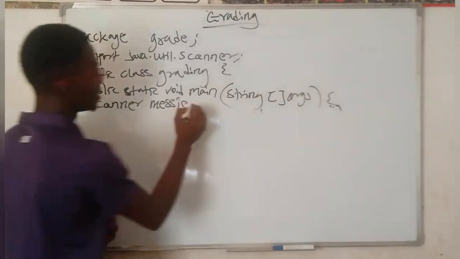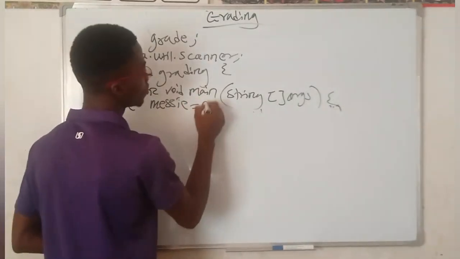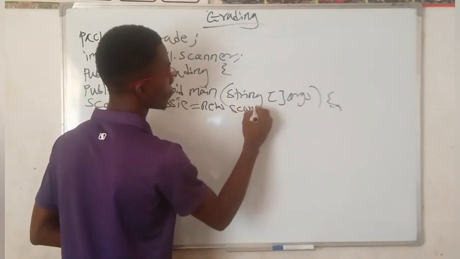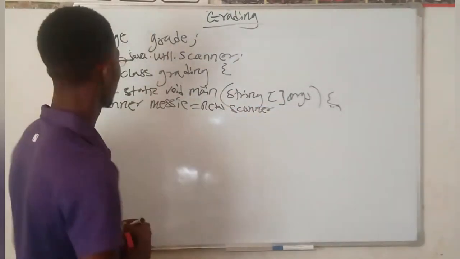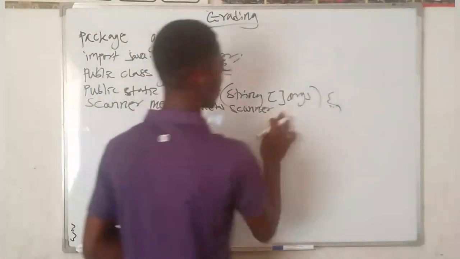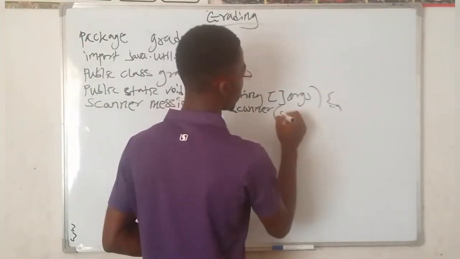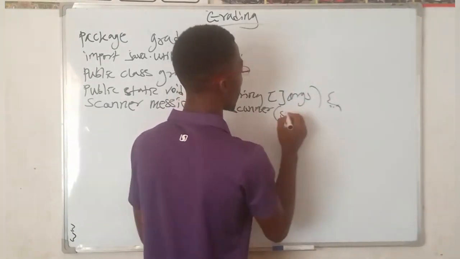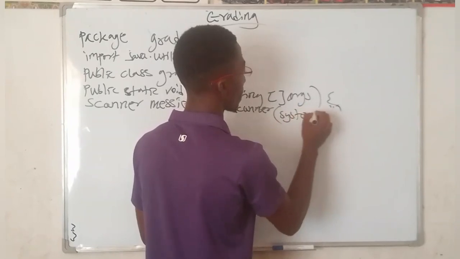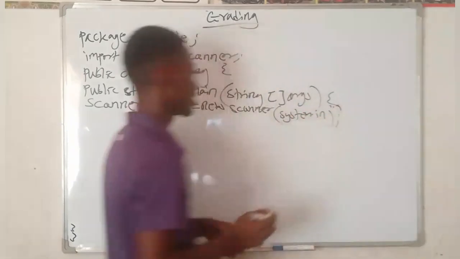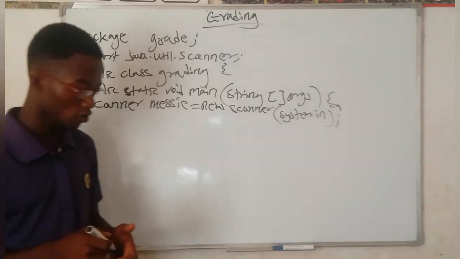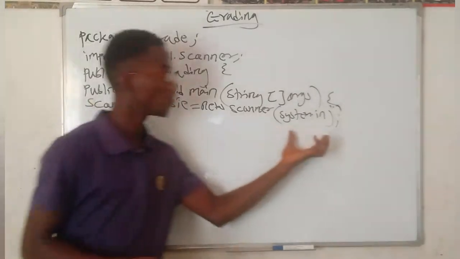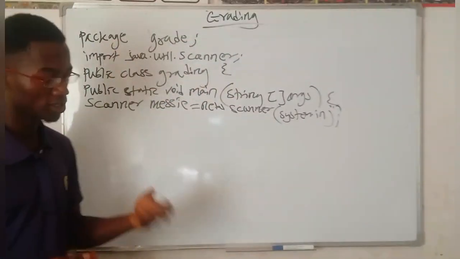Then it's going to be equals new Scanner, open my parentheses, and I said System.in. Therefore, something is coming in because we need an input from the keyboard.